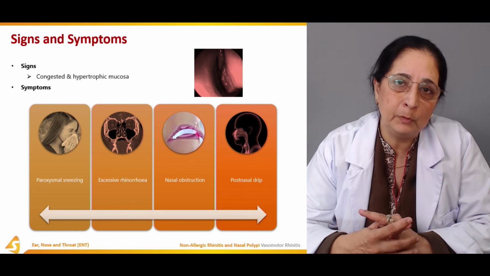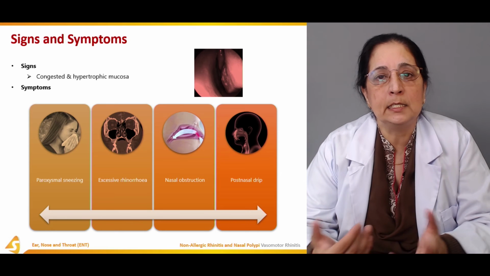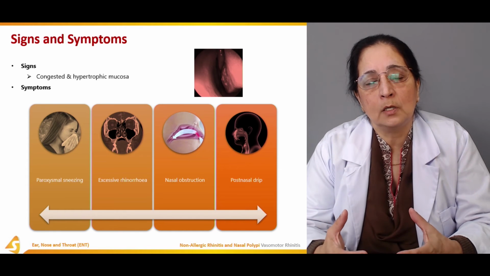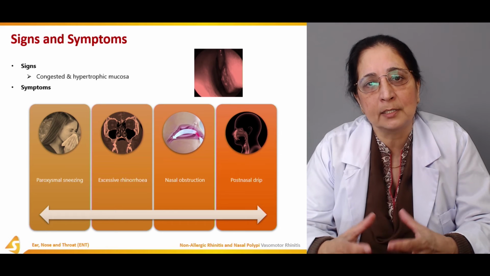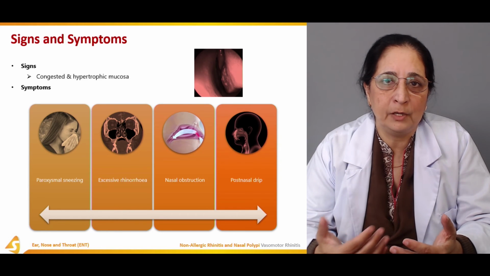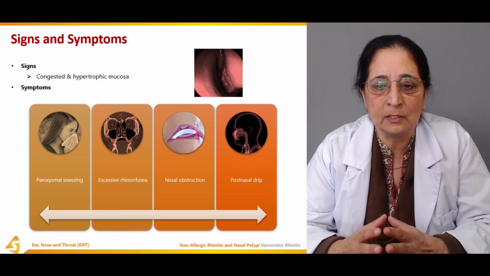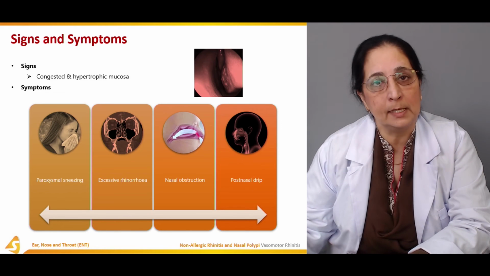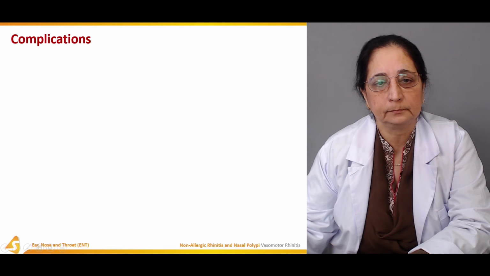There is nasal mucosa swelling, excessive secretion from the nasal mucosa, and that causes stuffiness, obstruction, rhinorrhea, and sneezing. So these are all the signs and symptoms which are common in different types.